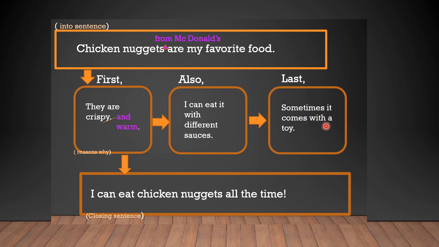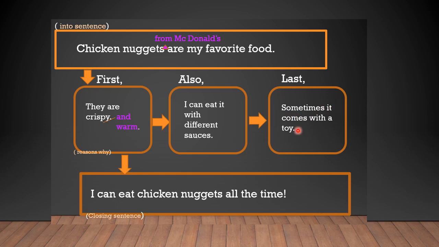Last, sometimes it comes with a toy. Now this sentence is a little off for me. I have transition word last and then transition word sometimes. And these two are transitions, but when I was writing them down first for notes, I didn't know exactly that I was going to have a transition word up here. But now that I'm checking my sentences, I can hear that it doesn't sound correct. Last, sometimes it comes with a toy.